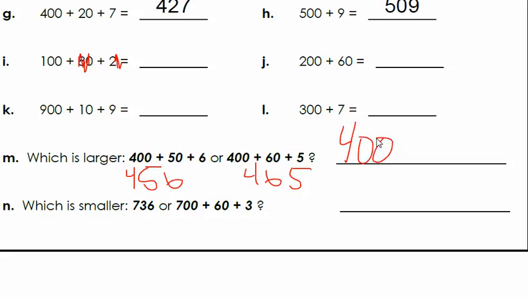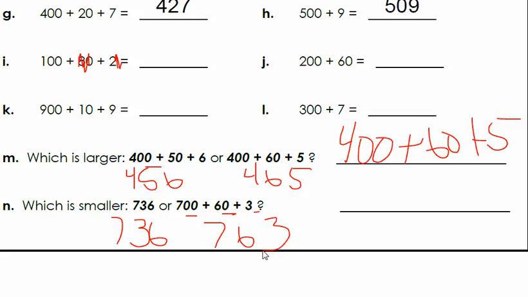So you write 400 plus 60 plus 5. Now N says which one's smaller? So I have 736, and then I have 700 plus 60 plus 3, so I put those together. 763. Which one's smaller? 736 or 763? 736. That's what you'll do.